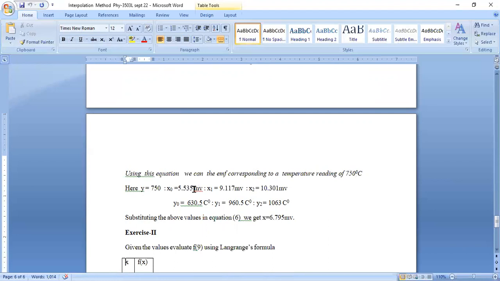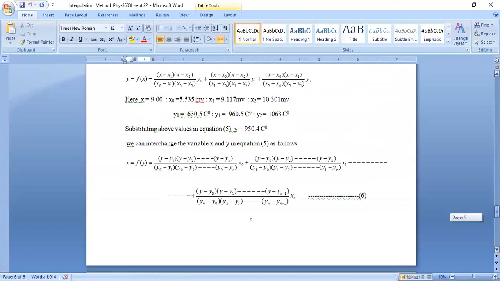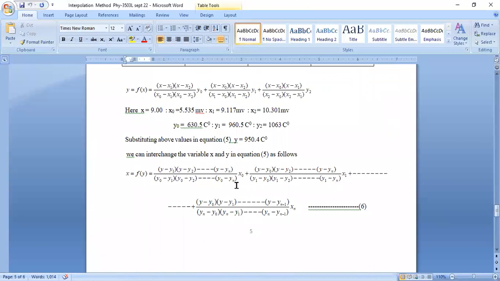Once again, your X0, X1, X2, Y0, Y1, Y2 are the same as in the table. So you substitute in which formula? The inverted formula. We have inverted this formula, and you write down Y, Y1 and the formula.